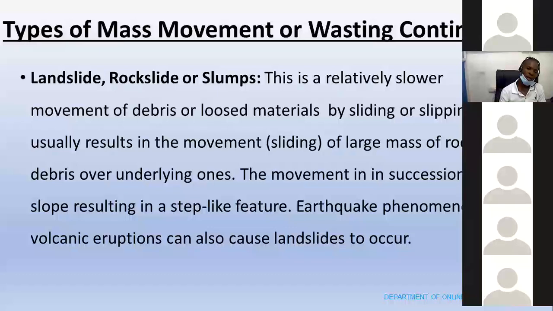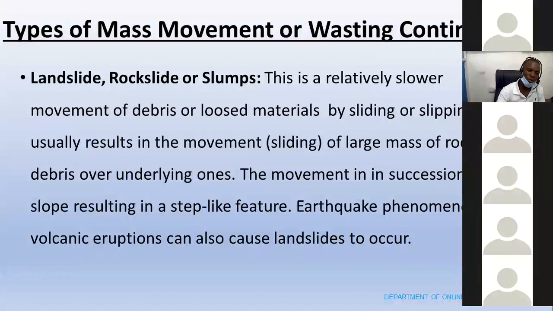Now, this type of mass movement usually results in the movement of large masses of rocks. When you have large masses of rocks or weathered materials at a particular area, and they tend to move over each other, this will give rise to the landslide.